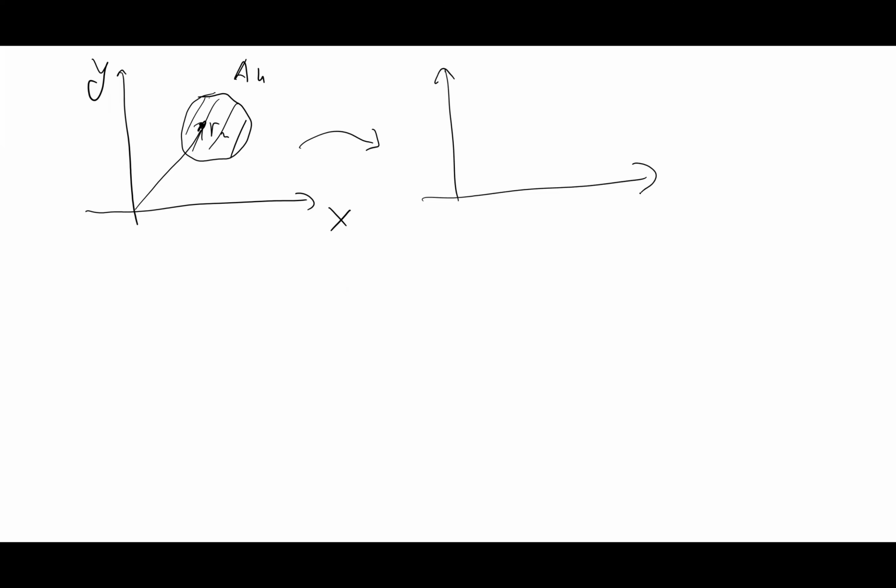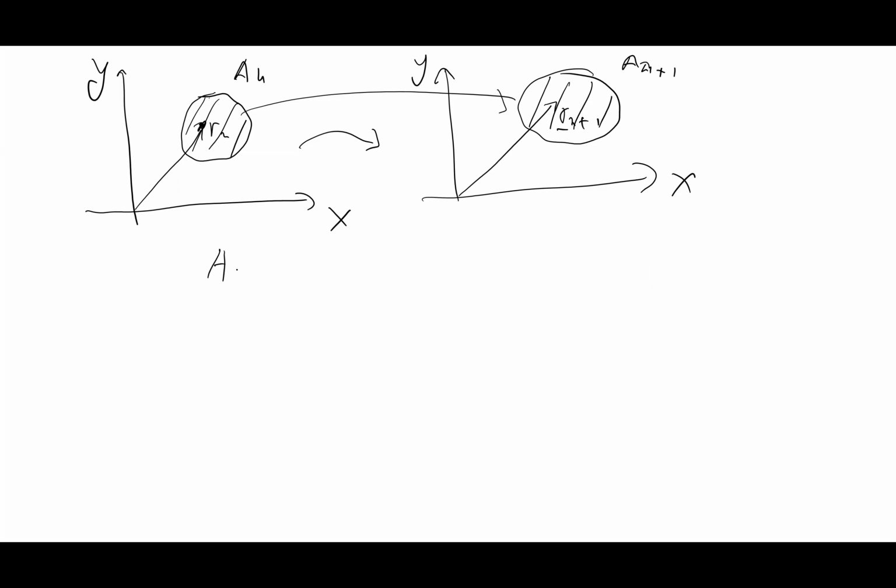After one iteration, our position vector is Rn plus 1, and this shape An is deformed into another shape, An plus 1, which has a different area. Therefore, we can check what happens to areas: originally some domain with area A0, then A1, and so on, An.